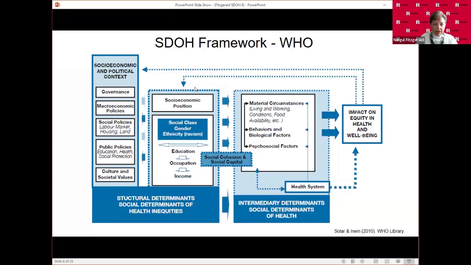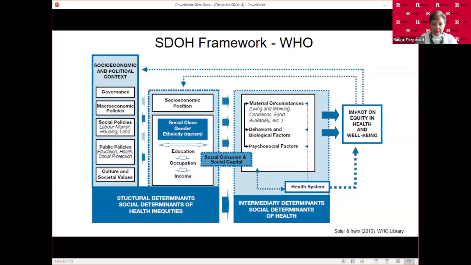And what we see in this section, they call part of structural determinants. It includes social class, other social factors such as gender, ethnicity, racism also included in this element, and other economic structural factors such as education, occupation, and income levels.